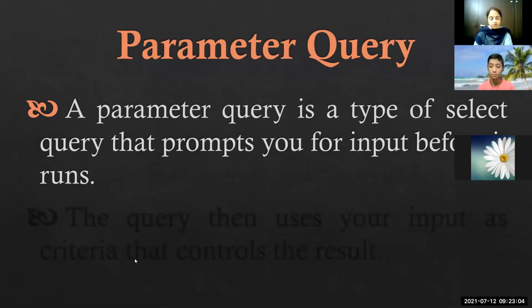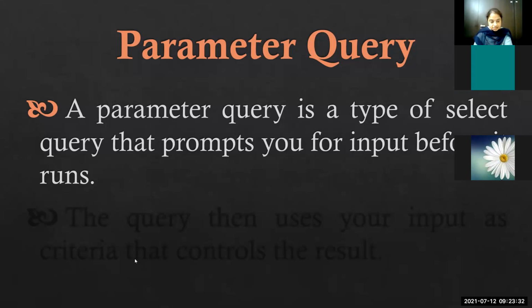But in parameter query, what happens? It prompts you for input. Every time when I run, it will ask me to give the condition. It will ask me to give the criteria. So if I create a parameter query, every time I can give a particular department name. For example, it will ask me the department name.